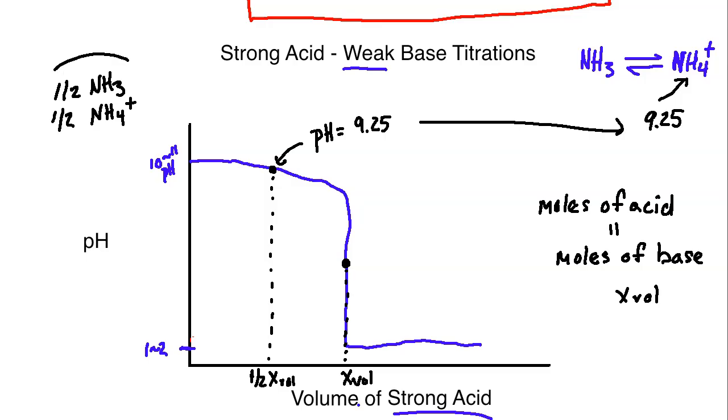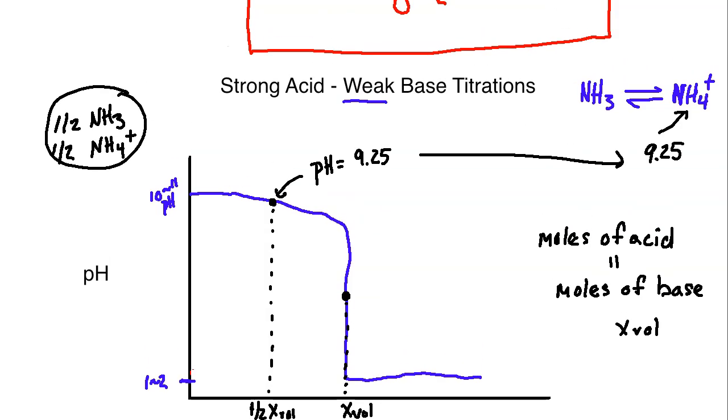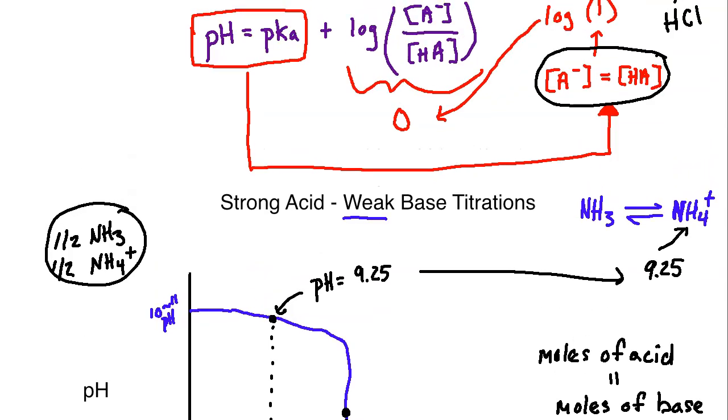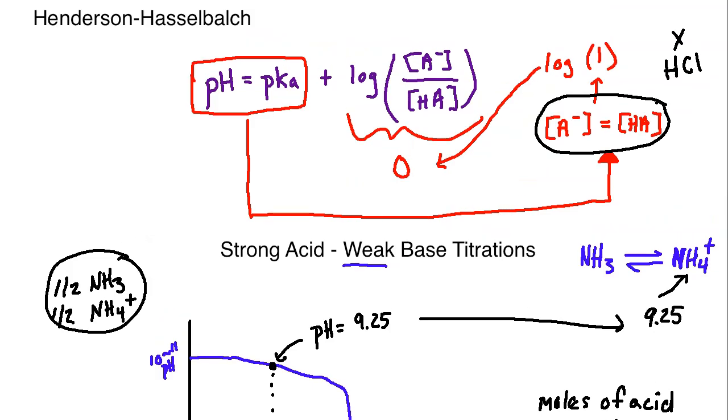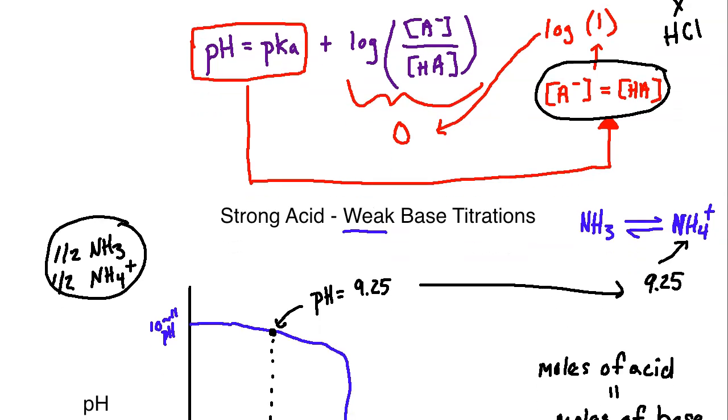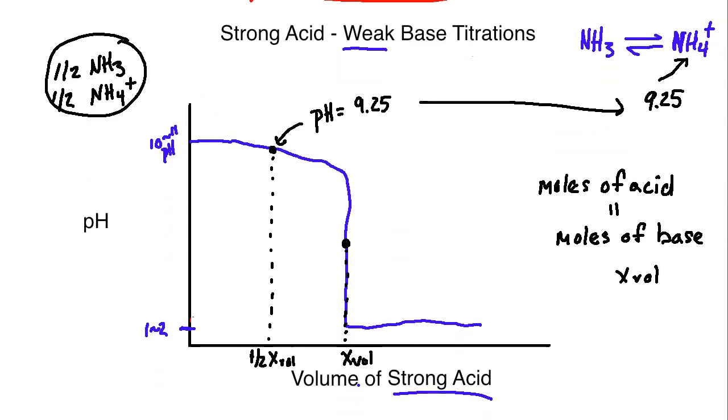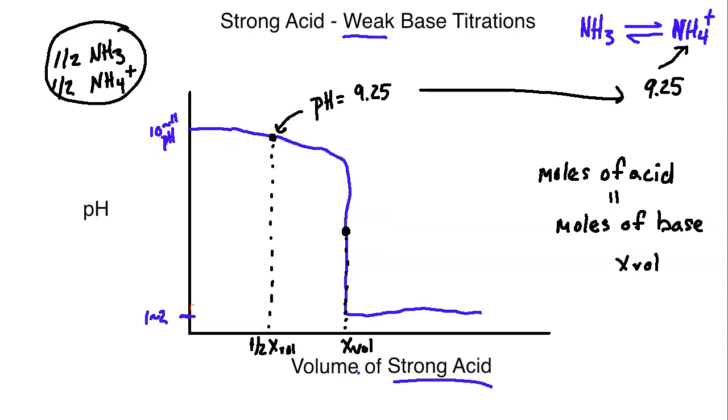And if you have equal concentrations of your acid and conjugate base, or base and conjugate acid, either way you want to look at it, you will have that 1-to-1 ratio. And the 1, when you take the logarithm, will go to 0, and that drops out where the pH will equal the pKa. So that is an example using a strong acid and a weak base where we can do some prediction of that sort of behavior.